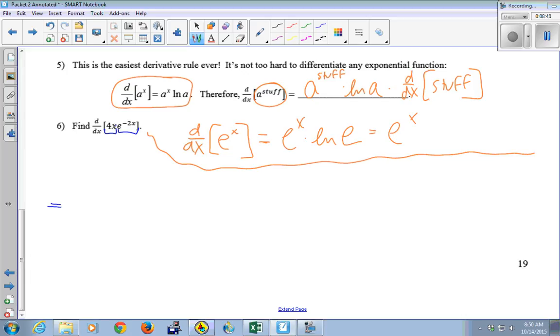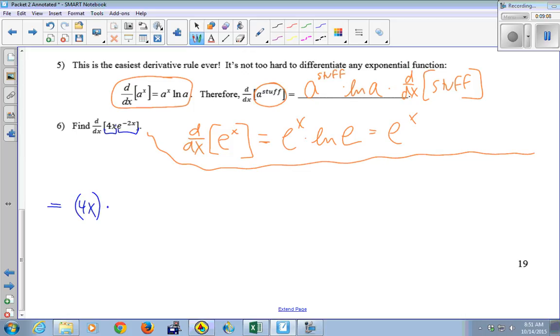All right, so the product rule says do the first, which is 4x, times the derivative of the second. I'm actually just going to write down d dx of the second function. Just for one problem, I'm going to write everything out. You don't have to write everything out if you'd rather just jump right to writing the derivative.